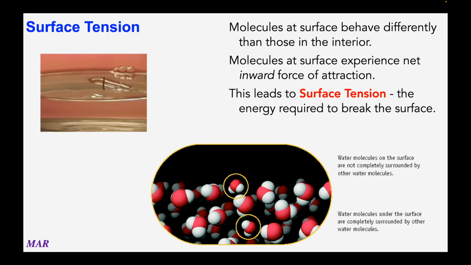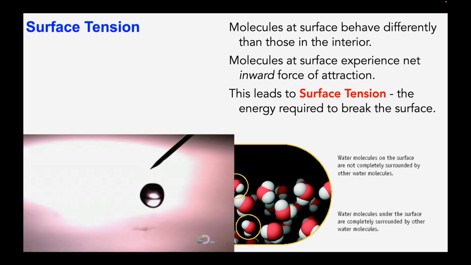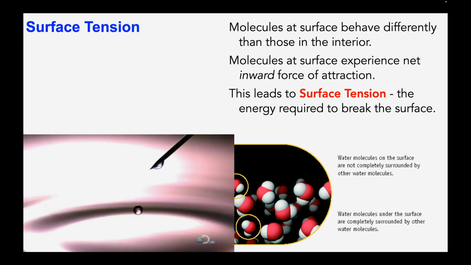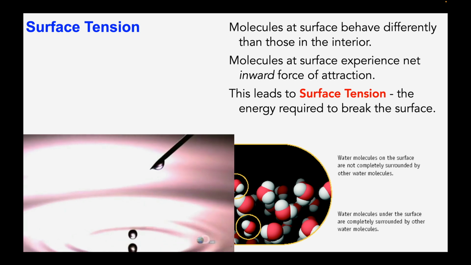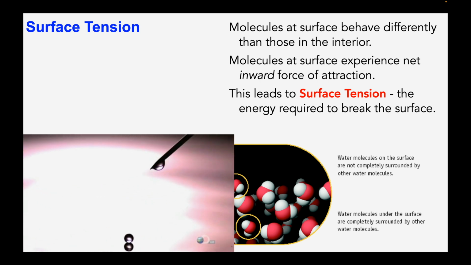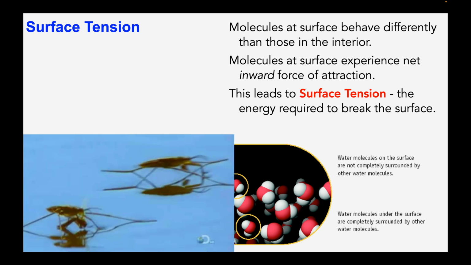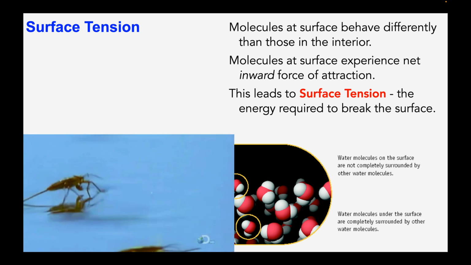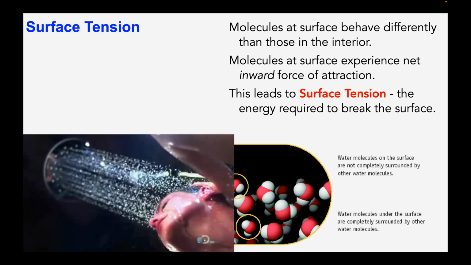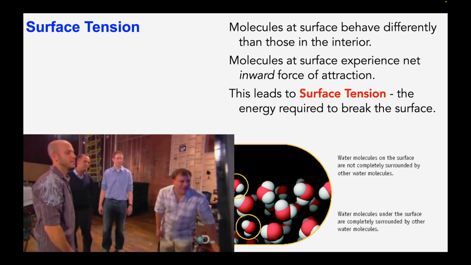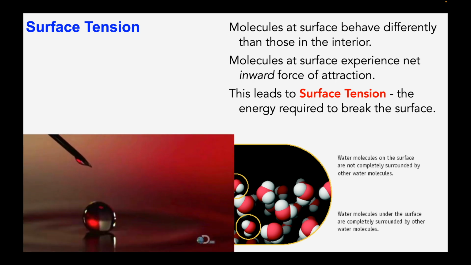The paperclip sinks. This surface tension is the quality of a liquid that causes the surface layer of that liquid to behave like an elastic sheet. It's the effect that allows insects to walk on water and water drops to hold together. Wow, that's crazy. That's amazing.